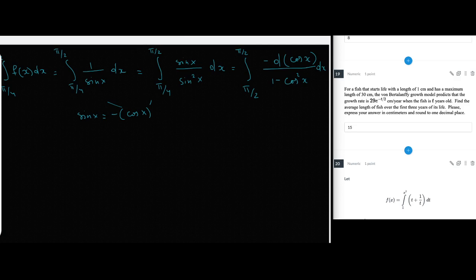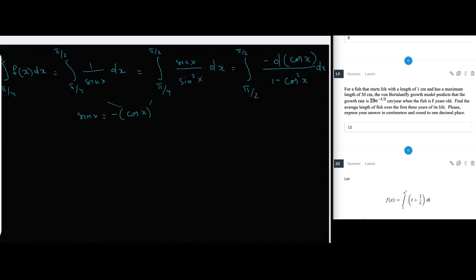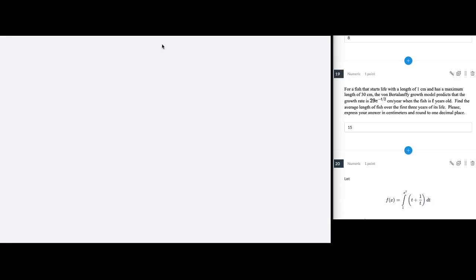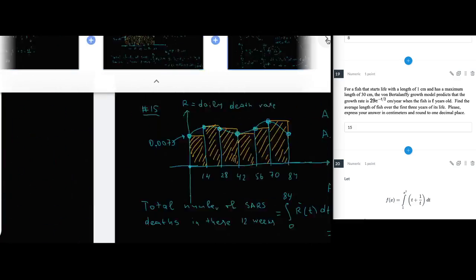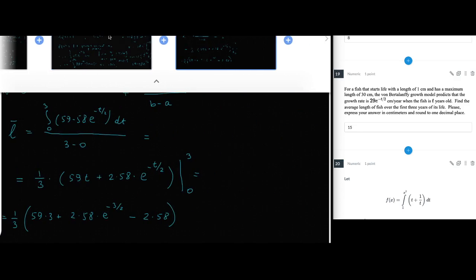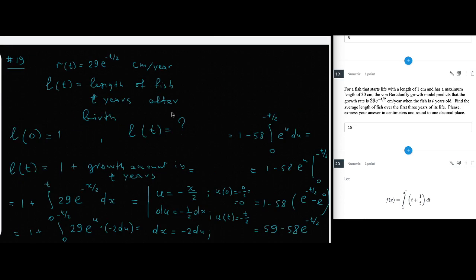I'm sorry, this is wrong. Lost my notes. Oh, here it is. Okay, I think we're on this slide. Okay, just double checking the calculation here.